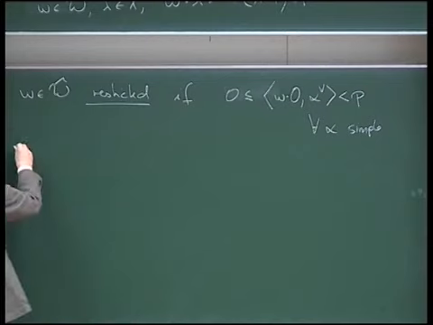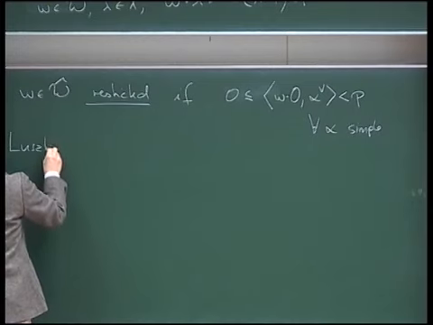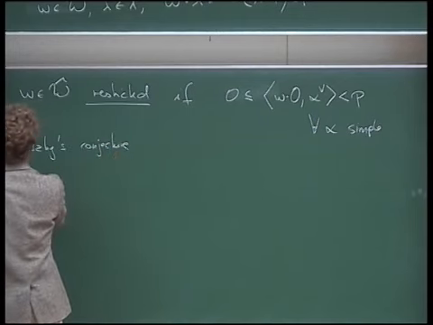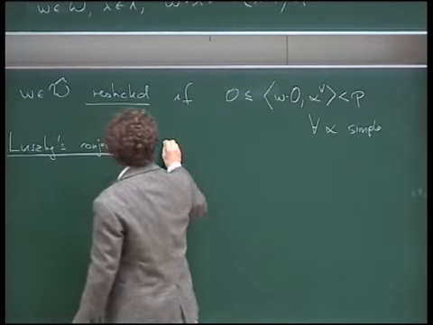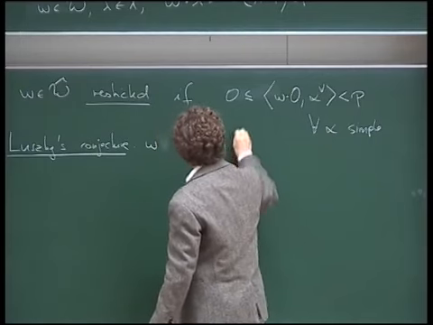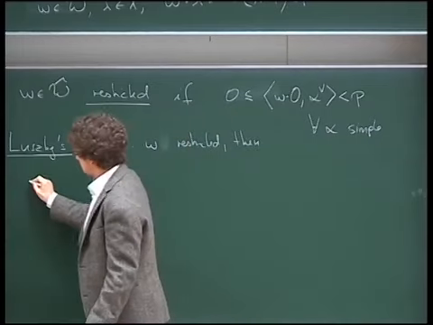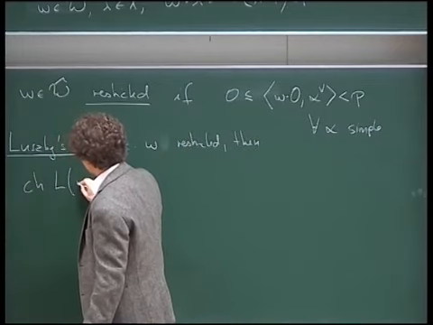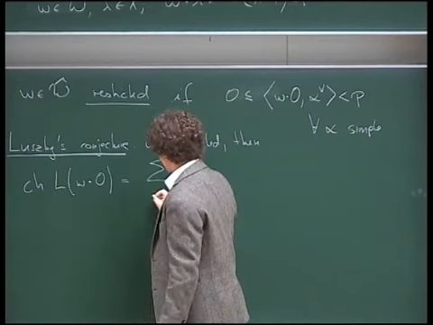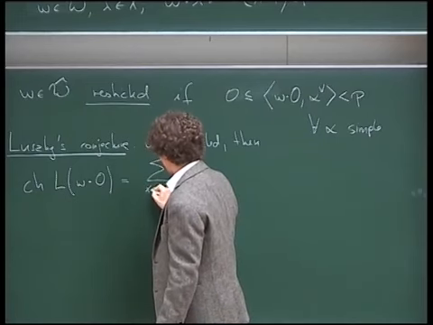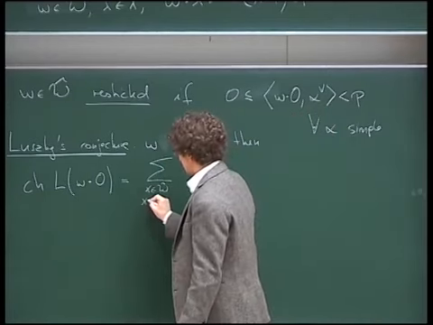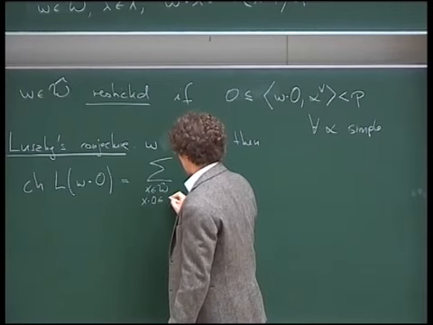And so Lusztig's conjecture says the following: if W is restricted, then the character of the simple module with highest weight W dot 0 is given by the following formula. So you sum over all x in W hat such that x dot 0 is in x plus.